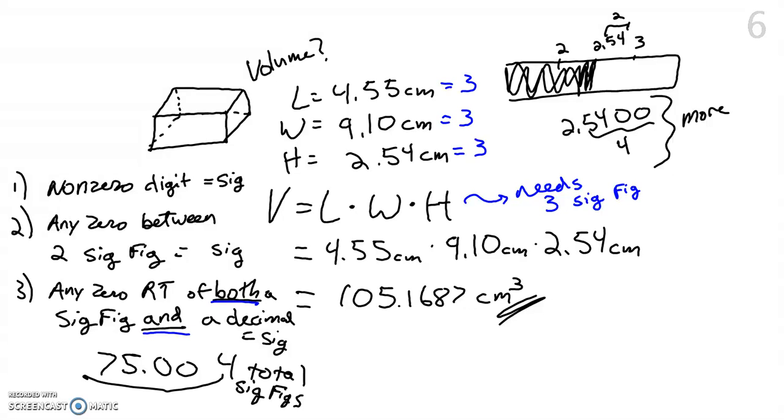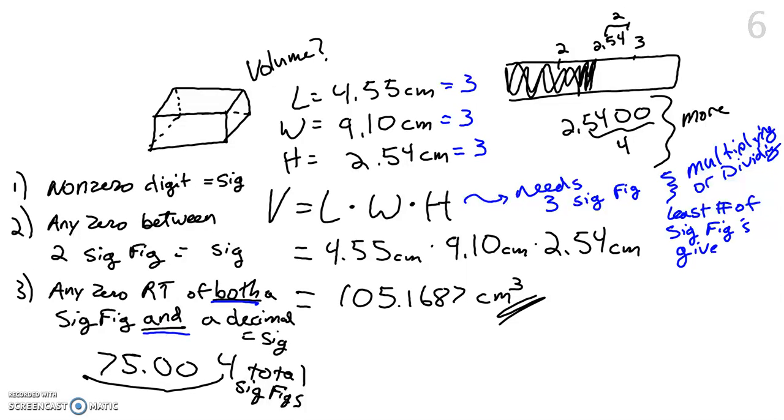If you're multiplying or dividing, sorry, my pen doesn't work very well toward the edge, multiplying or dividing, we use the least number of sig figs. So our least number is 3. We would use 3. Our answer needs to have 3.